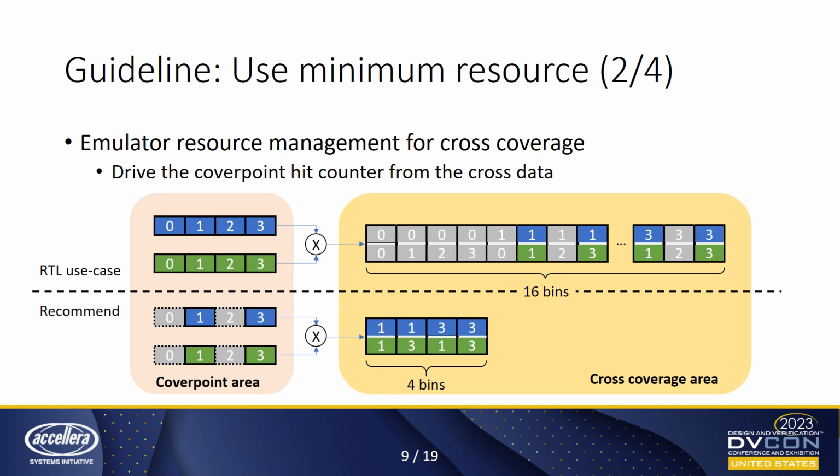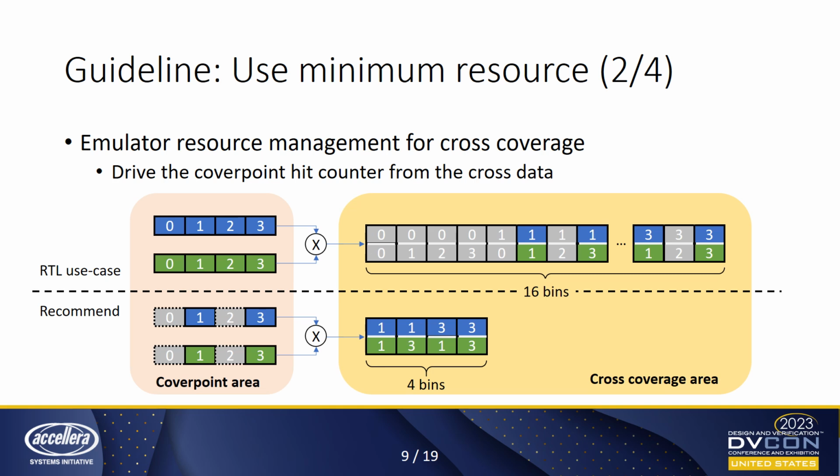When a cover point goes into a cross, the emulator derives the cover point hit counter from the cross data, not in the cover point area. So in the left use case, the emulator should keep the whole cover point bins, including ignore bins, in the cross coverage area.